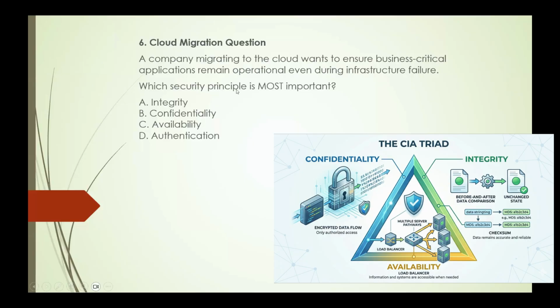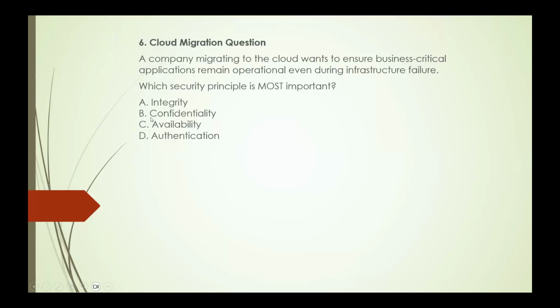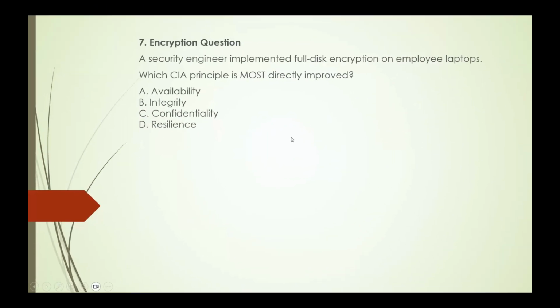Which security principle is most important here? Integrity, there is nothing related to change here. Confidentiality, no secret here. Availability, yes, let's park this answer. Authentication is not related to this. So finally, the answer is C, availability.